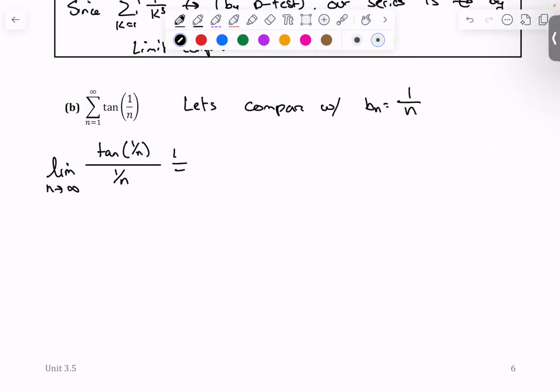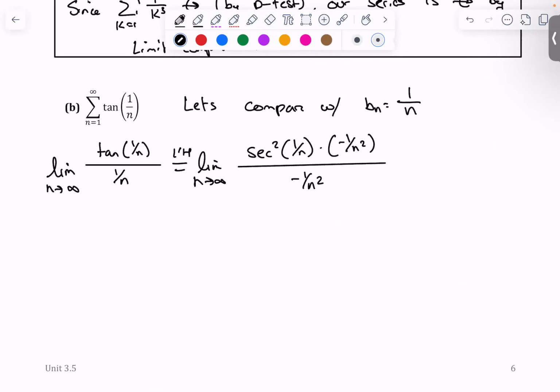L'Hopital's rule. We get the limit as n approaches positive infinity of secant squared of 1 over n. Then by the chain rule, because remember, this is tangent of 1 over n, so we need to take the derivative of 1 over n, which is negative 1 over n squared, divided by the derivative of 1 over n, which is negative 1 over n squared.